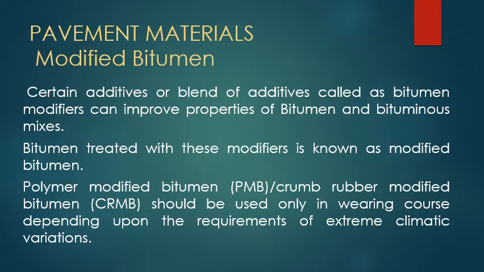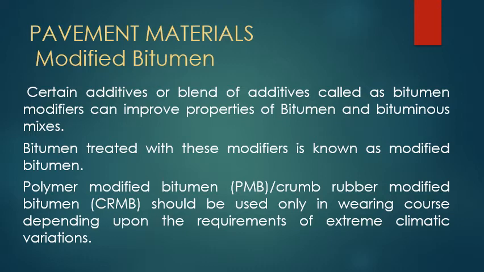Or it may be chemical modifiers. In case of chemical modifiers, you can go for certain kinds of sulfur, or lignin, or some adhesion improvers like amides, or organic amines, antioxidants, natural asphalts like rock asphalt, or Trinidad Lake asphalt, TLA.